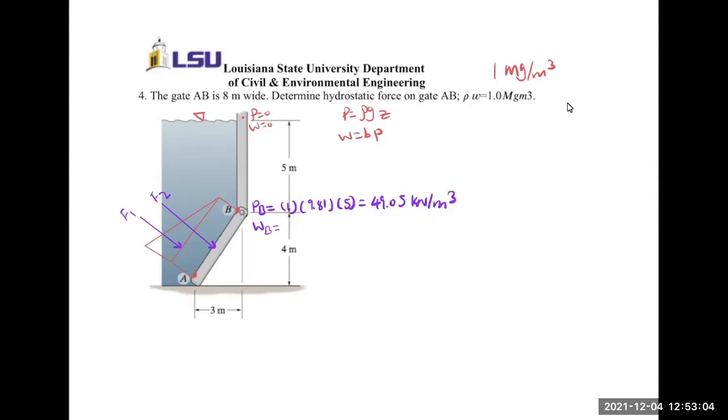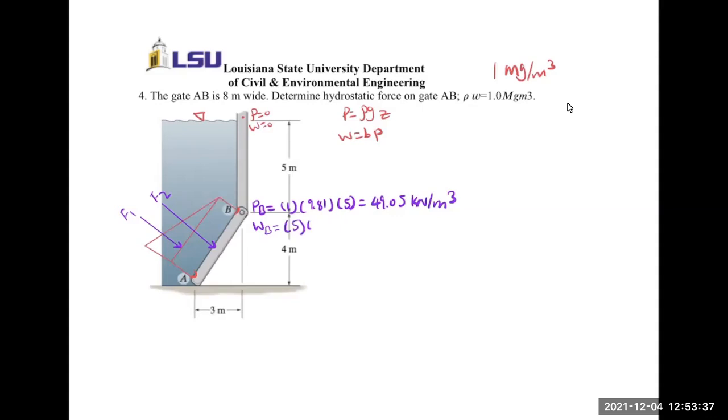Since we know that AB is 8 meter wide, but we don't know the width from the free surface to B, let's just assume that it's going to be 5 as well, because the only thing we know is the vertical distance from the free surface to B is 5.